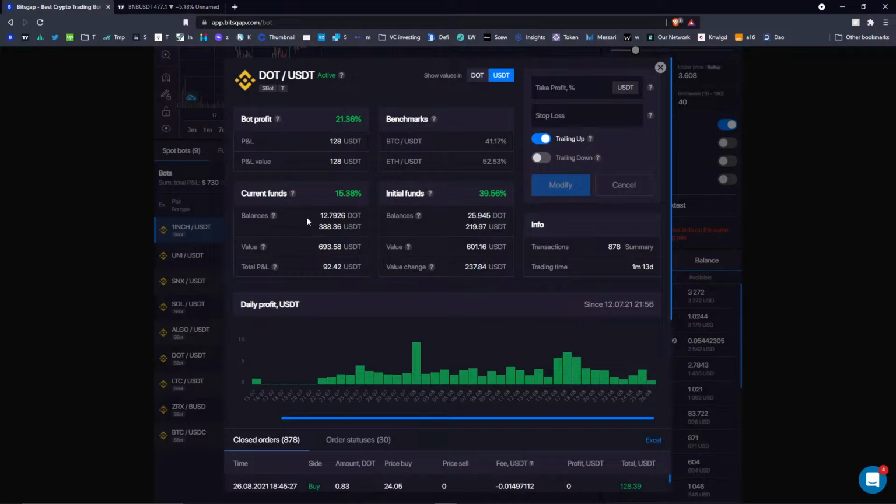But because I allocated these funds to my bot, due to the fluctuations and everything, my profit is only 100 USDT. So yeah, one can say that HODL would bring you more returns because that's $200 compared with $100 made by the bot. And that's true.